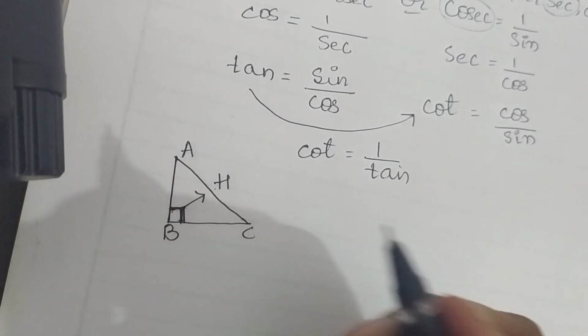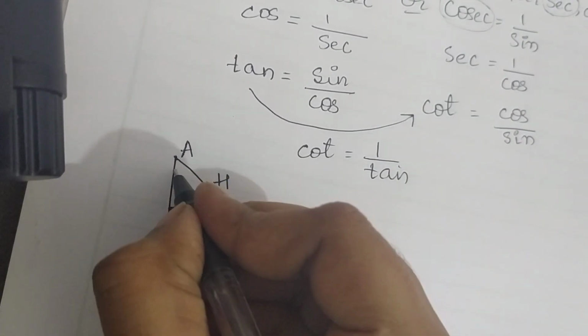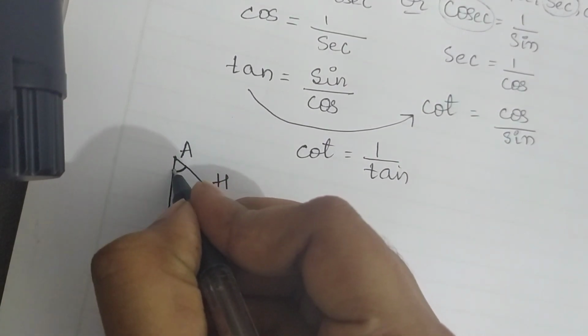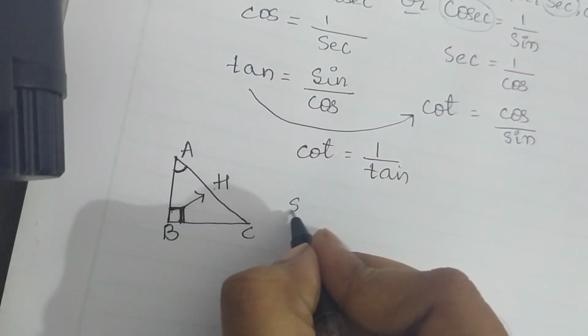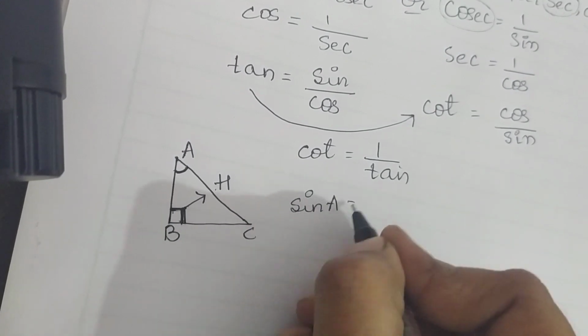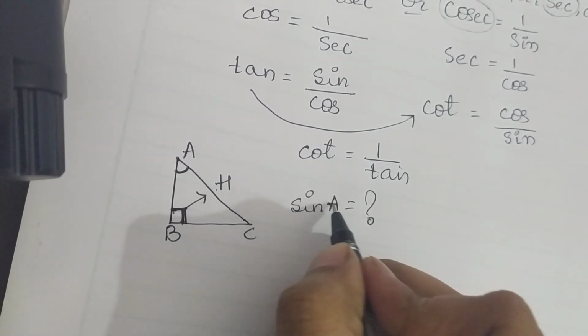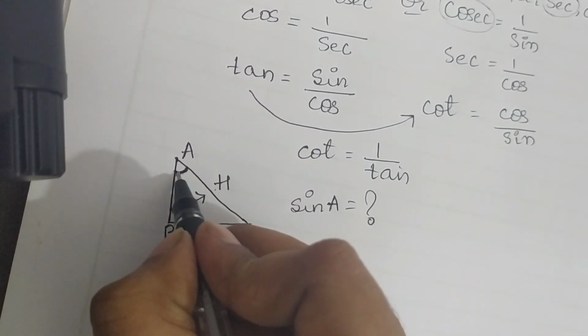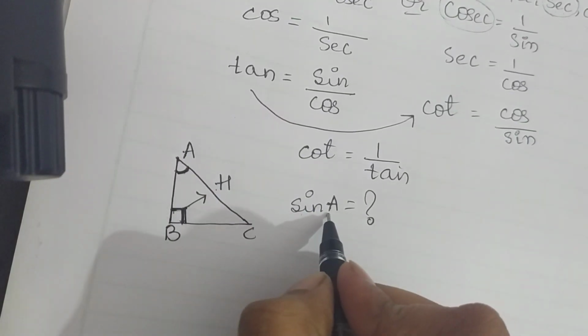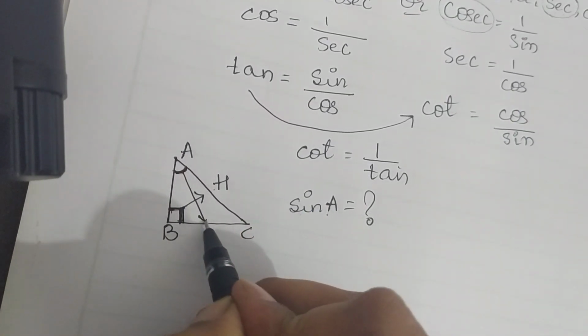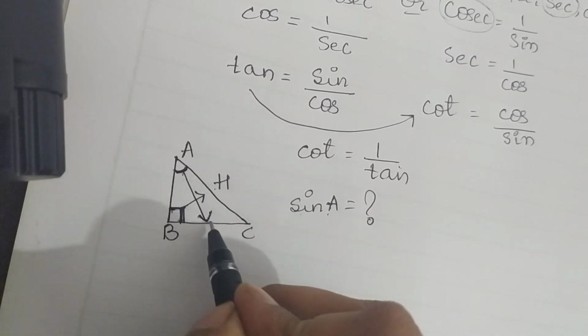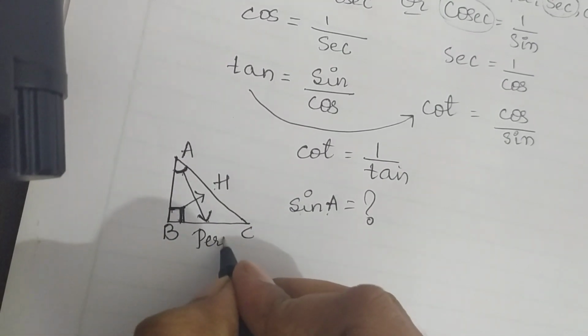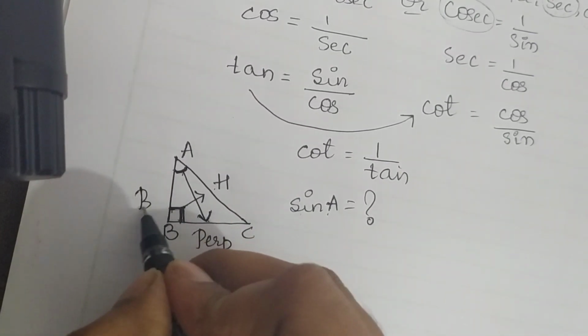If angle A is given and they ask you to find sine A, then what is sine A? Always the opposite of the angle will be the perpendicular and the remaining will be the base.